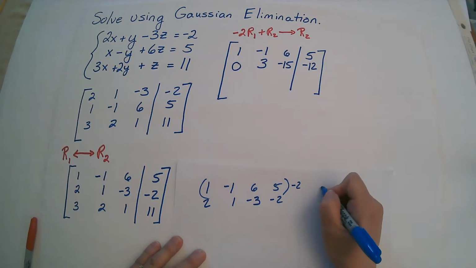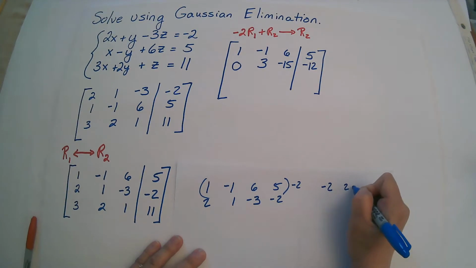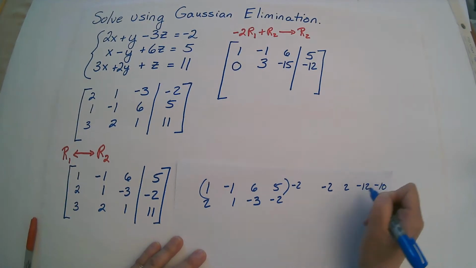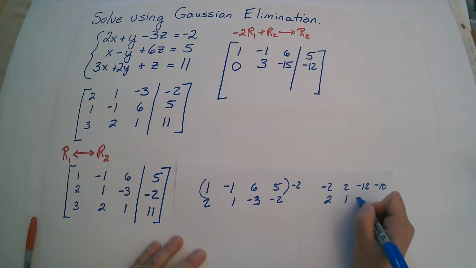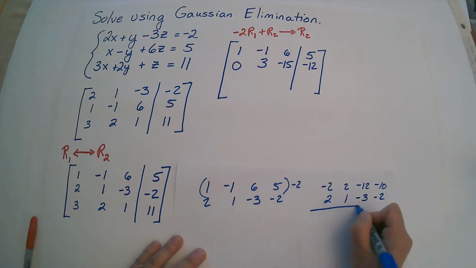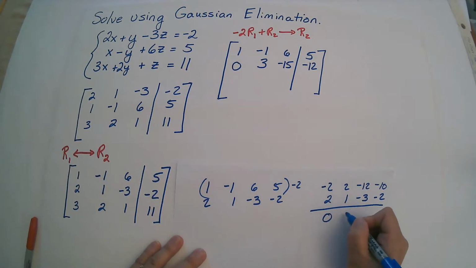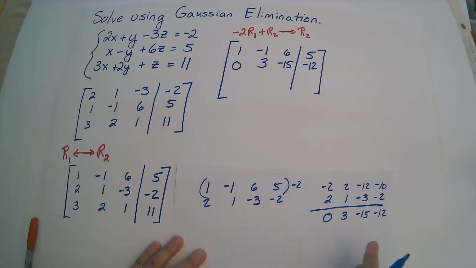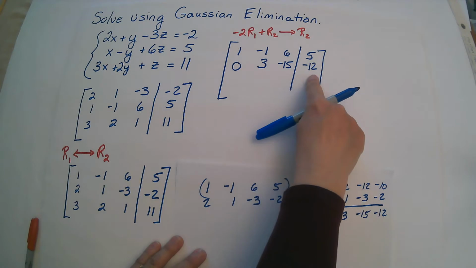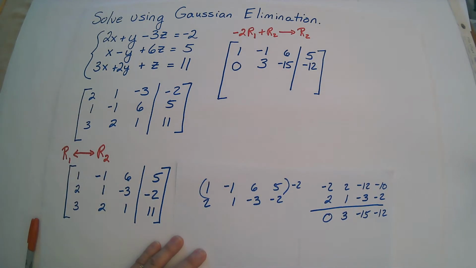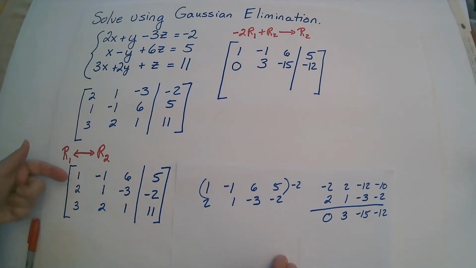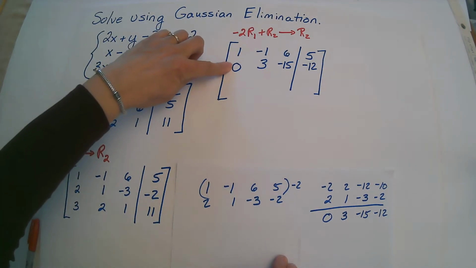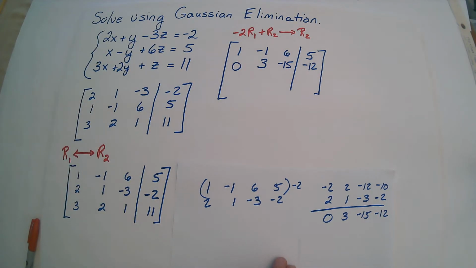So I would have -2, 2, -12, -10, and 2, 1, -3, -2, and add. And notice that's a 0, 3, -15, and -12 that I wrote right here. Nothing wrong with grabbing a piece of scratch paper if you need to see it, but also nothing wrong with practicing and doing it in your head as I did right here. Either way is totally fine.